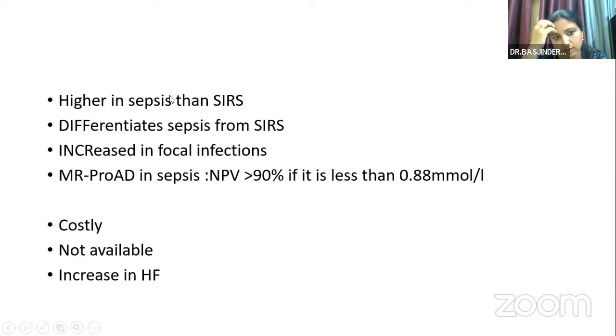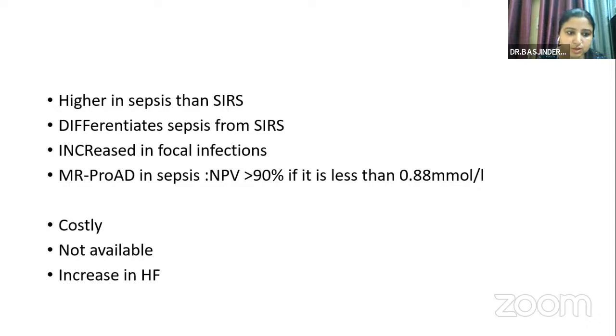Few eye-catching points about adrenomedullin are that it is higher in sepsis than SIRS. It can differentiate sepsis from SIRS. It is increased in focal infections. So these three were our basics. What we discussed was what an ideal biomarker should be able to do, and also mid-regional proadrenomedullin in sepsis has a negative predictive value of more than 90% if it is less than 0.88 nanomoles per liter.